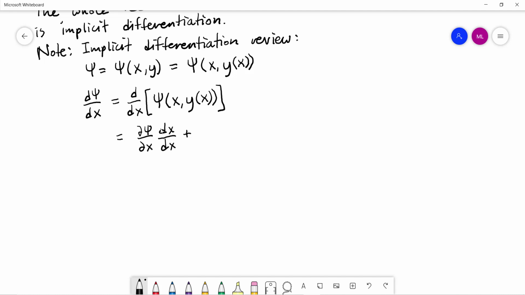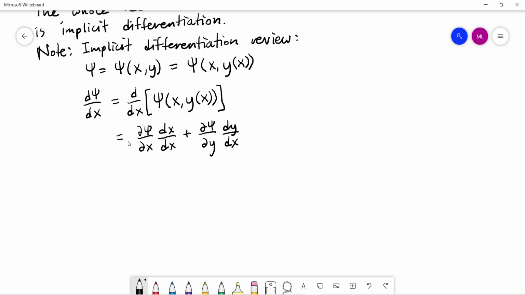It may not be clear to you why, but that's not totally important. And the second part is d psi dy times dy dx. I can write these parts with the regular d's because x is only a function of x, and y, as we've seen, is also only a function of x, whereas I have to write these with the little curly d's because psi is a function of both x and y.